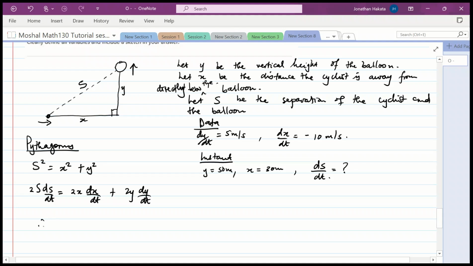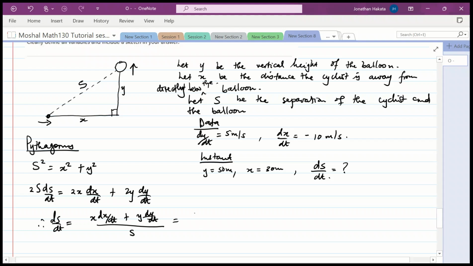Therefore ds/dt is equal to x dx/dt plus y dy/dt, all over s. This is straightforward. Do we know x? Yes, at that instant. dx/dt we know, y we know, dy/dt we know as well. So we can immediately simplify.